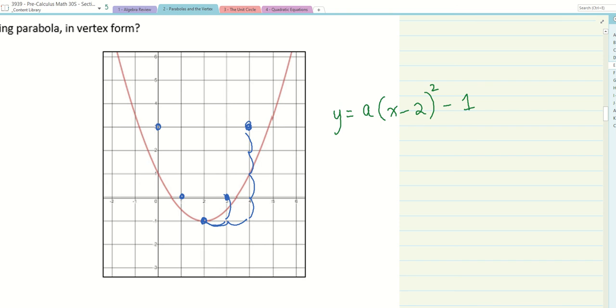Okay, so let's compare to what the actual parabola does. Well, let's do this point here. Instead of going 2 over 4 up, we can see it's 2 over only 2 up. So it appears as though it's going up half its normal amount. So that tells us that the vertical stretch is half.